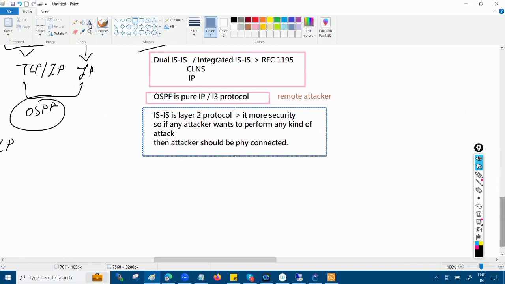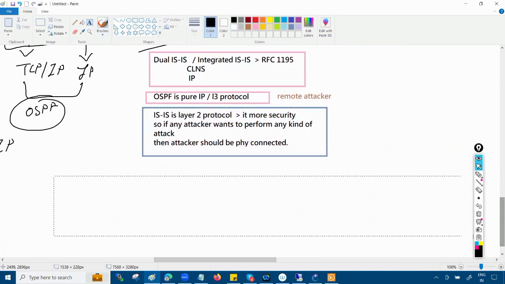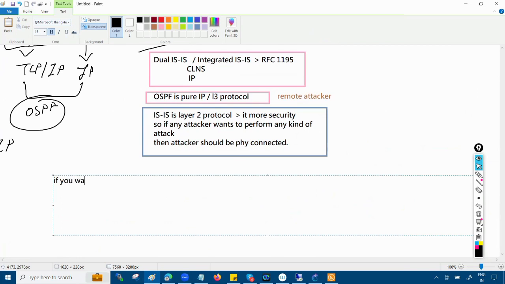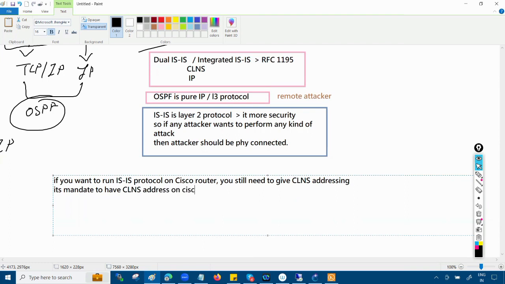Now, do you know one thing? Still, if you want to run the IS-IS protocol on a Cisco router, you still need to give CLNS addressing. It means that it's mandatory. You understood?